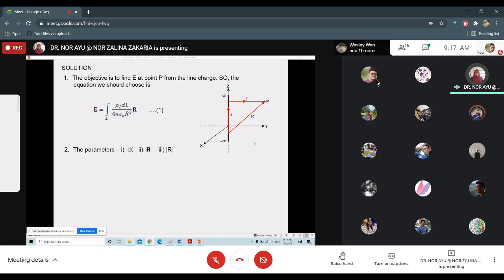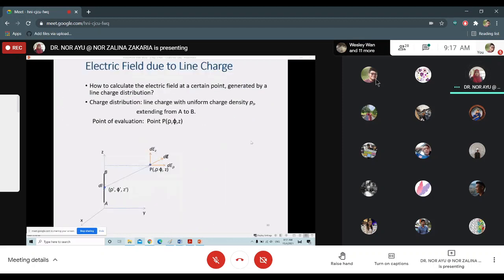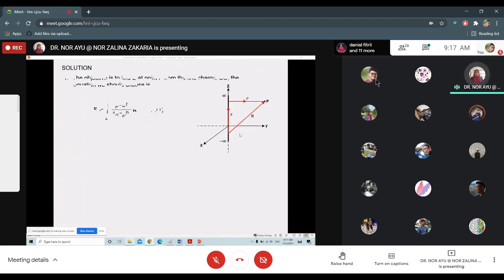Ada tak soalan dia? Oh, tak ada tulis. Okay, so selalunya dia akan cakap infinite. Okay, infinite meaning that daripada negative infinity to infinity.